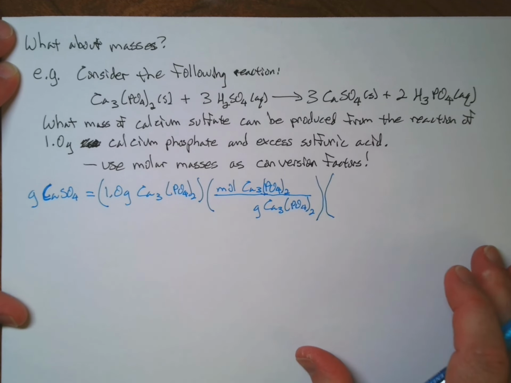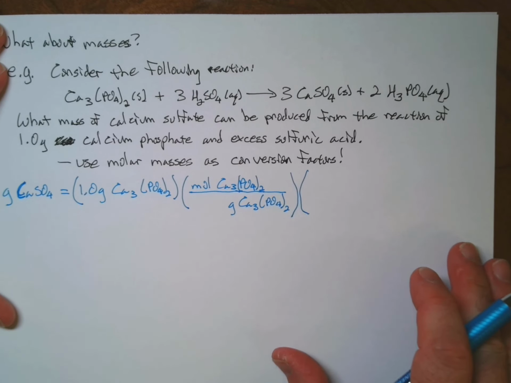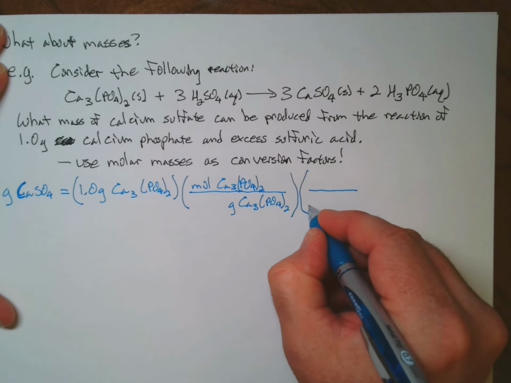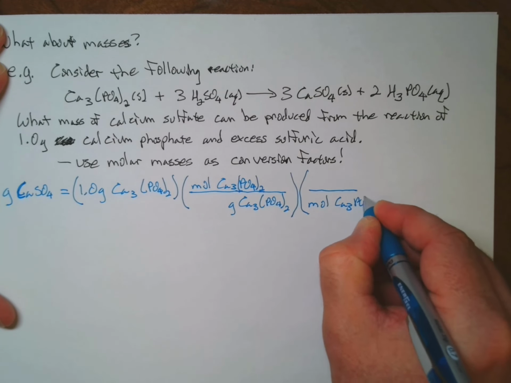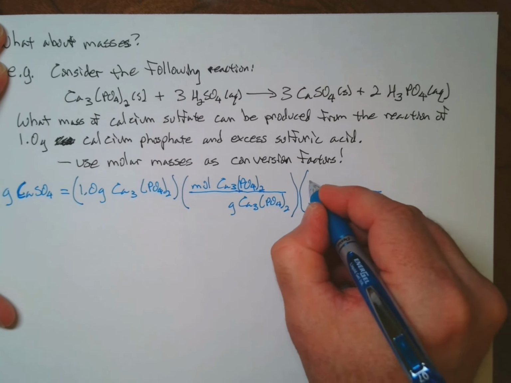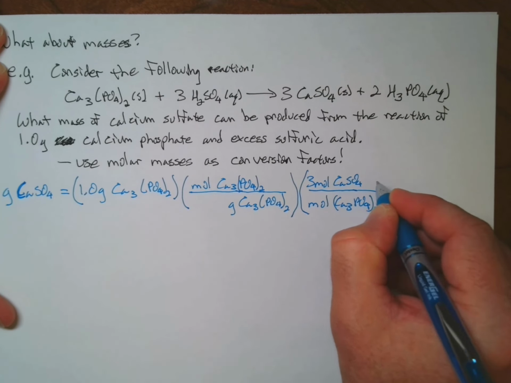And then we will go ahead and use our molar ratio here. So we will have 1 mole of Ca3(PO4)2 per 3 moles of CaSO4.